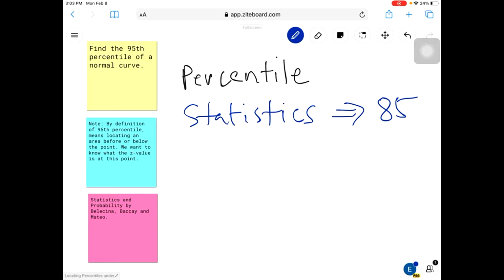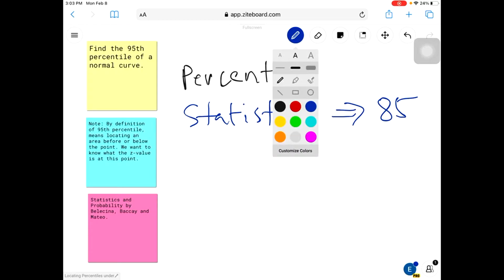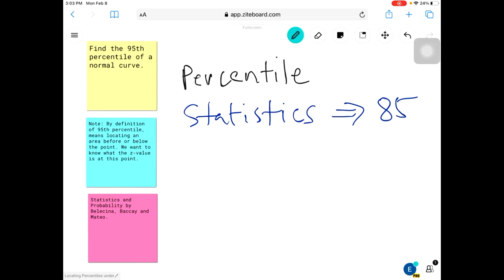If your teacher tells you that you scored at the 95th percentile, it means that 95% of the grades were lower than yours and 5% were higher. So that's the concept of percentile.